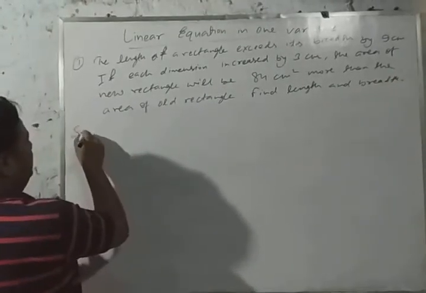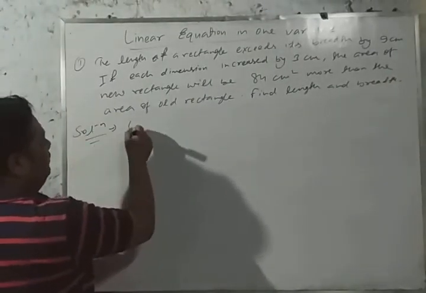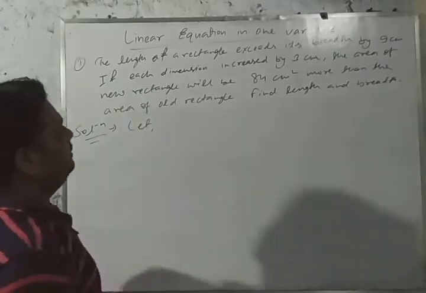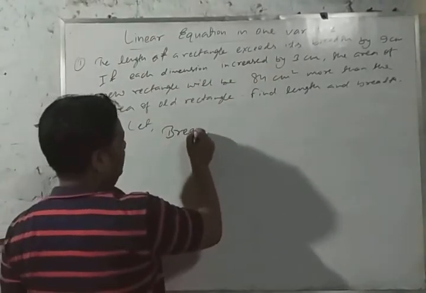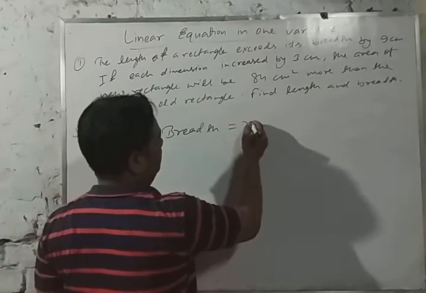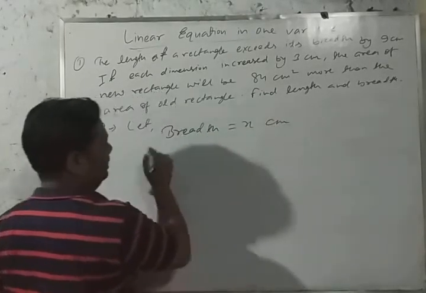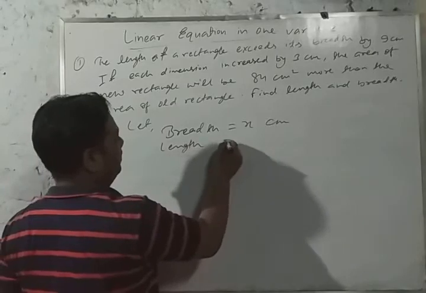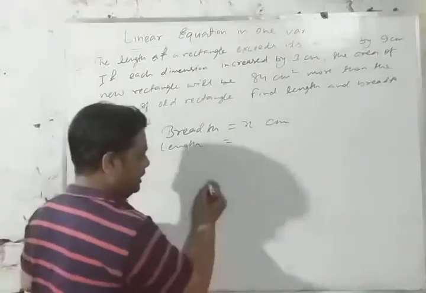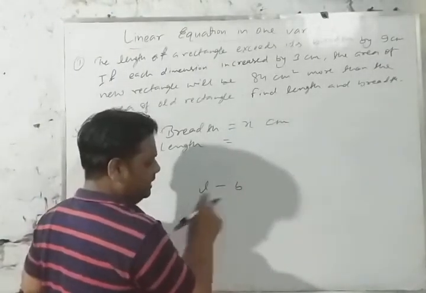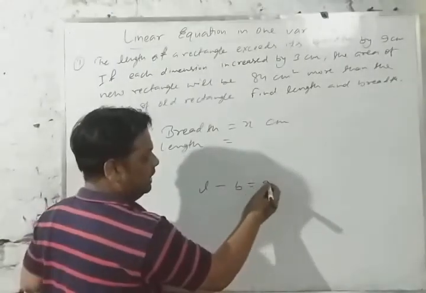Okay. Let's see. At first we will assume. What is given? Length and then breadth. Let breadth be equal to x centimeter. Then length will be, what is given? Length of a rectangle exceeds its breadth by 9 centimeter.